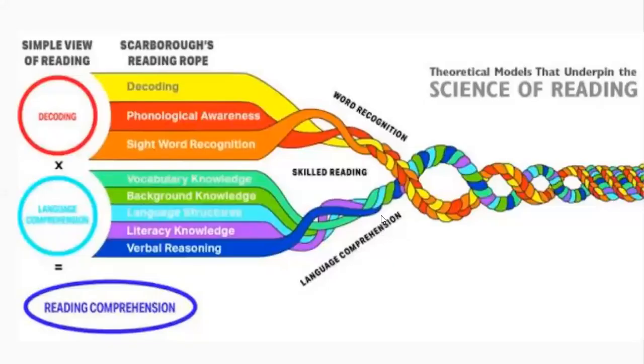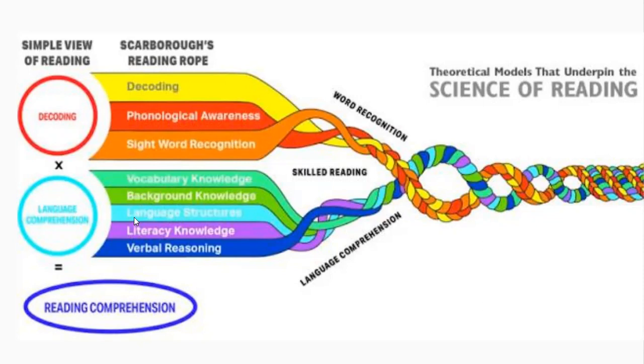So once again, we're going back to the graphic that we have looked at several times throughout this course, and we will continue to. We've already talked about vocabulary knowledge and background knowledge. If you notice, those are going to be that sort of light green or sea green color, and then the darker green or lime green color.